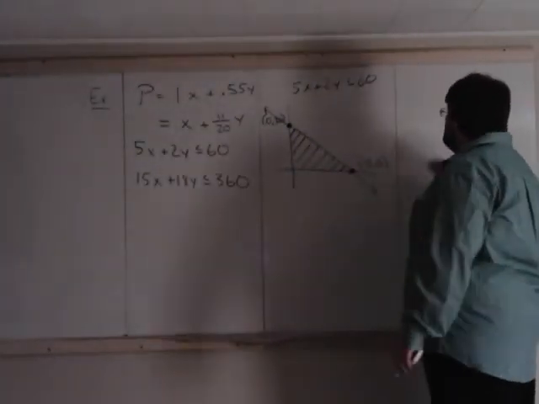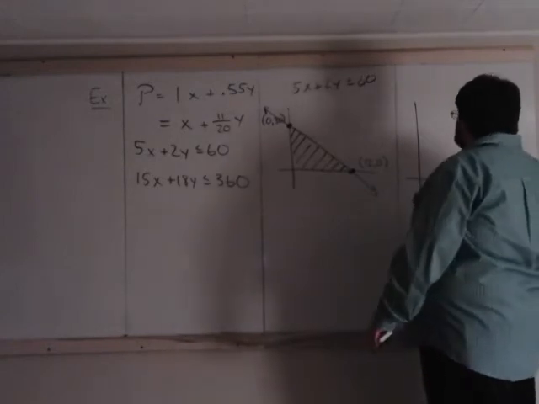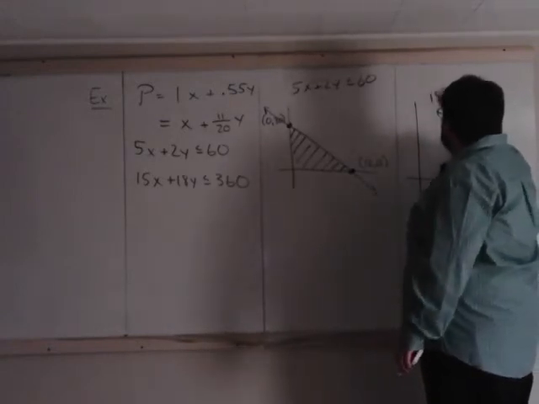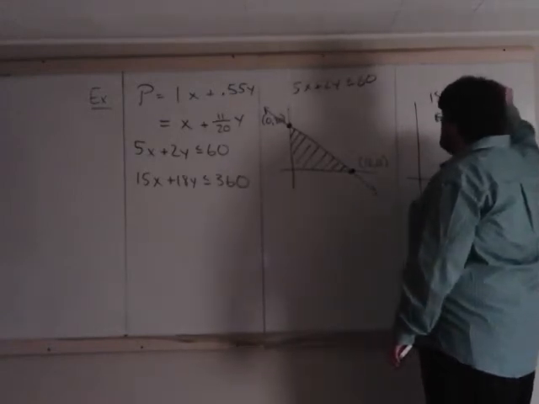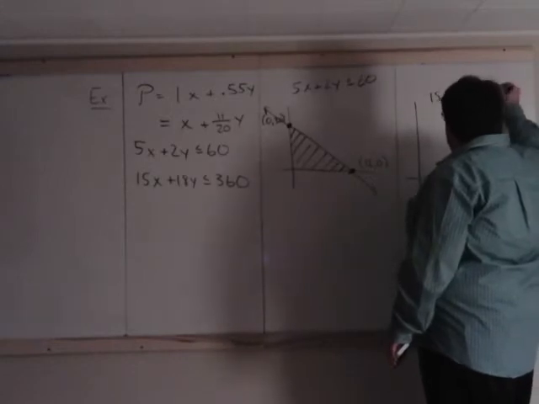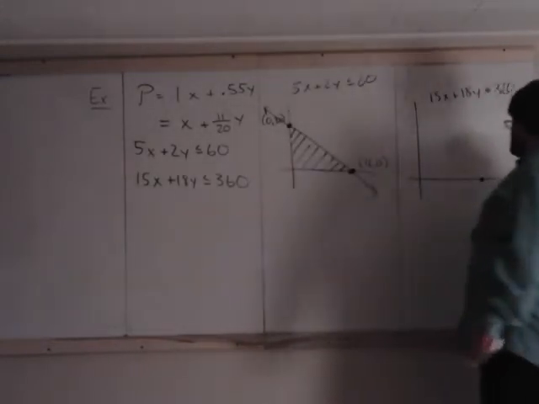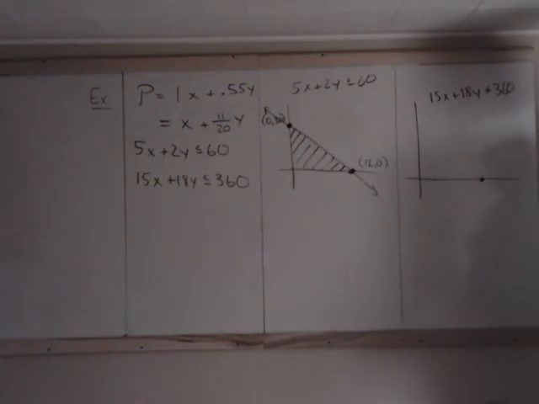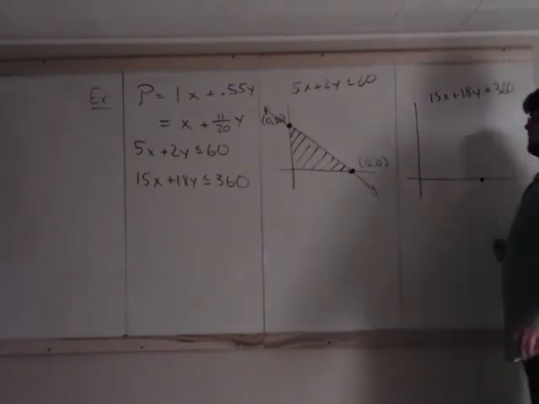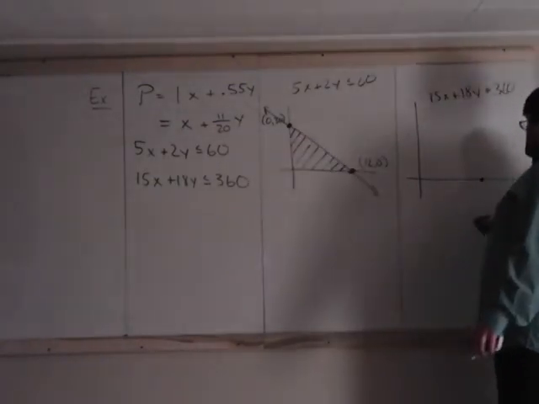Well, let's do that with the other one. Same thing, except different numbers. So again, for the x-intercept, it goes over x up 0, so we let y equal 0.